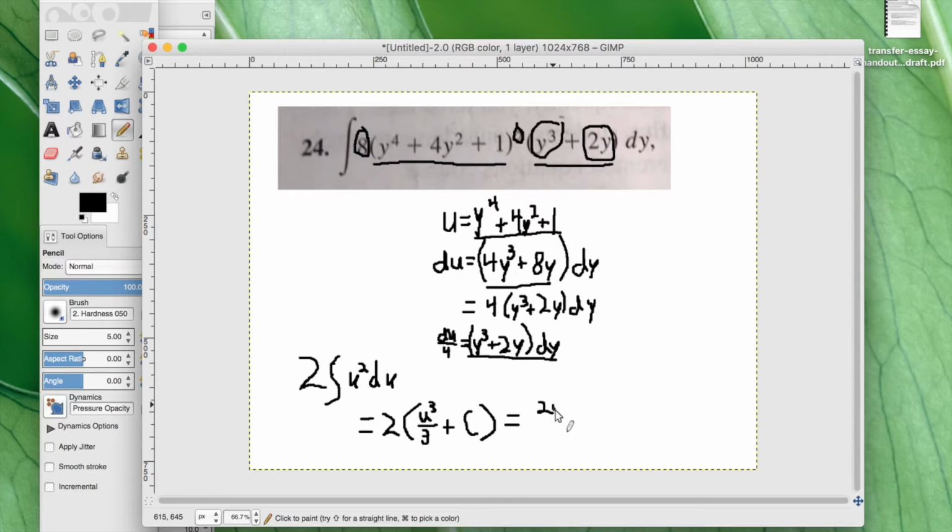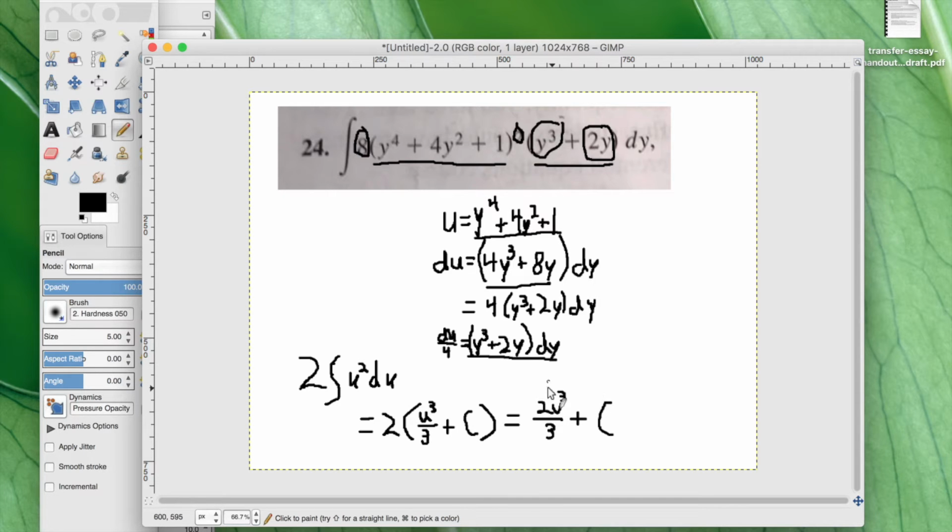We don't really call it 2C or anything. It's still a constant no matter what. It's kind of like multiplying by infinity: if you think about it, you'll get infinity. So now we have 2u cubed over 3 plus C. Are we done? No, we're not.